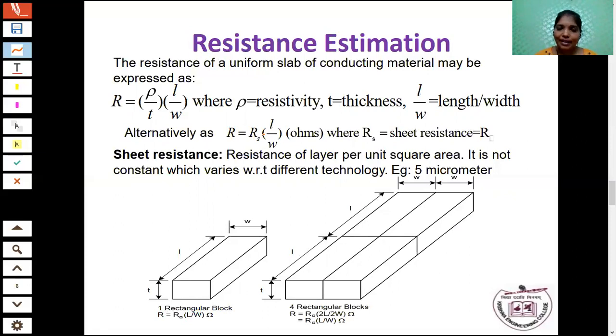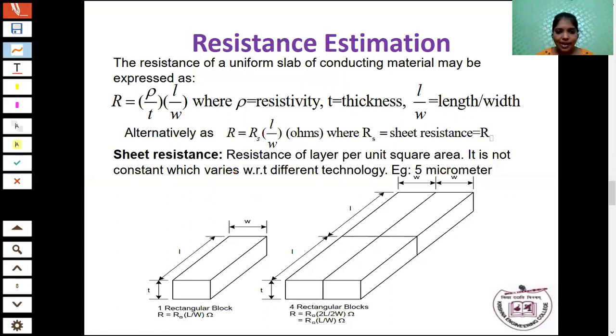For any material, what is the resistance value per unit area? That is the sheet resistance. The sheet resistance value is not a constant one. It will vary depending upon the technology, whether it is 5 micrometer or 5 nanometer technology. Depending upon what type of technology you are using, the resistance value varies.